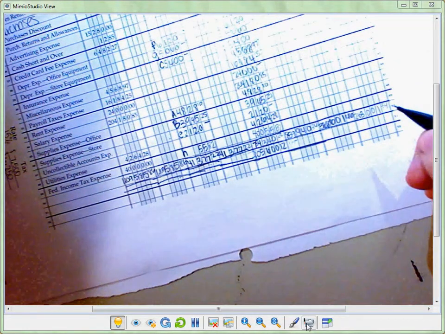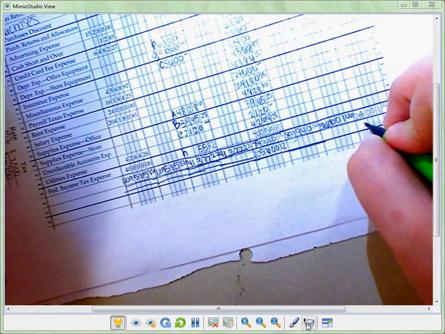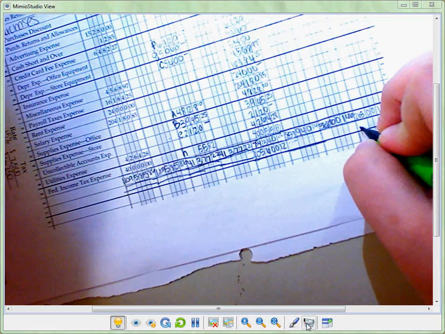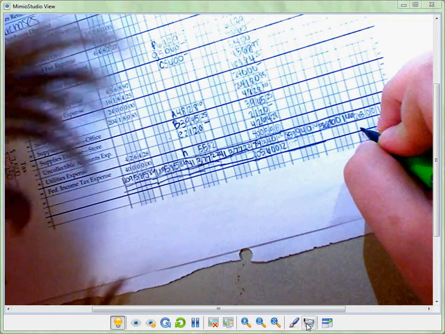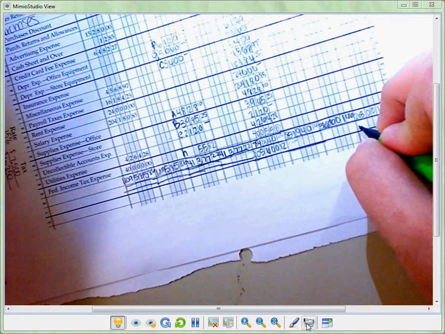Then you're going to subtract your two balance sheet numbers. And how we know if we did things right is these two numbers should match, right? So in your balance sheet credit, it's going to be that same number, $105,600.12.